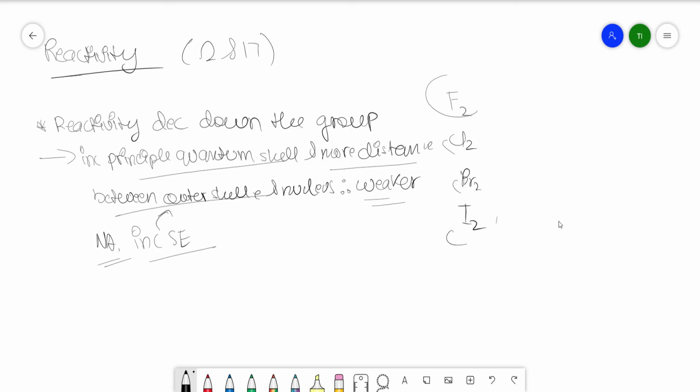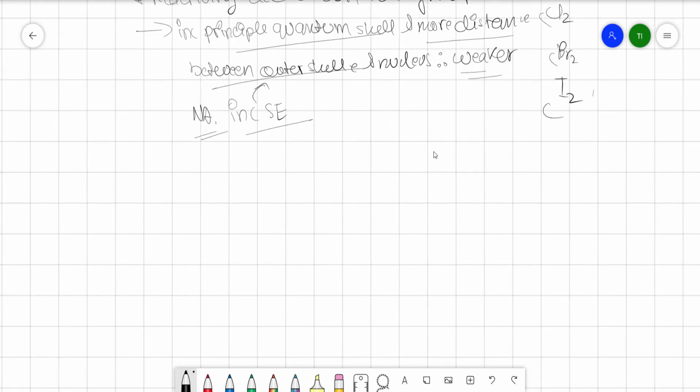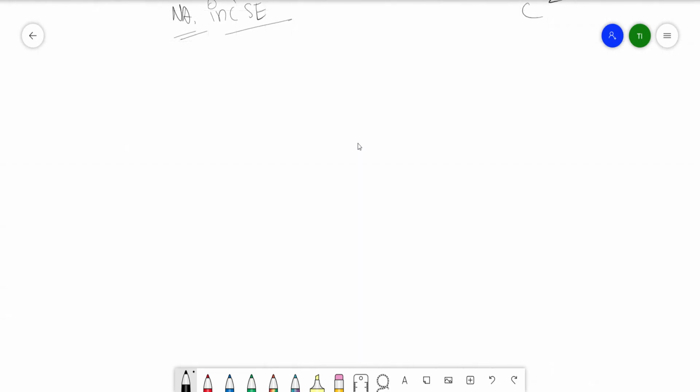Okay. Now, when we talk about group 17, we also talk about the thermal stability of hydrogen halides. When you look at the thermal stability, you will see that it decreases down the group.